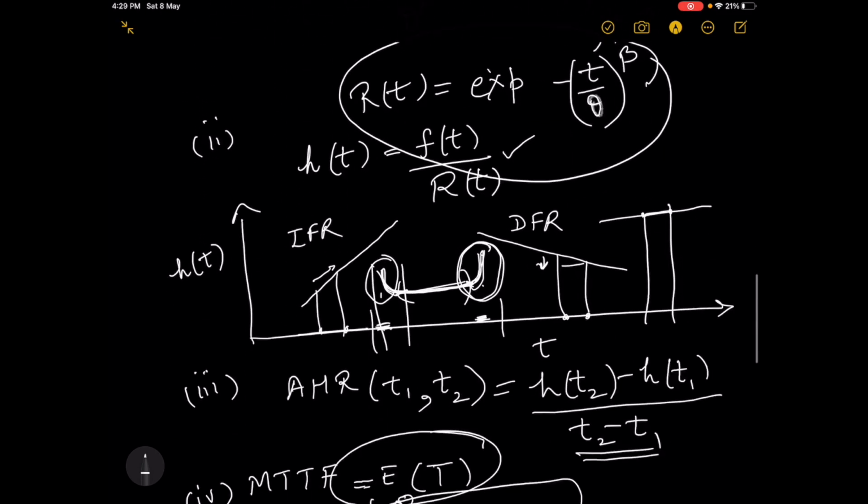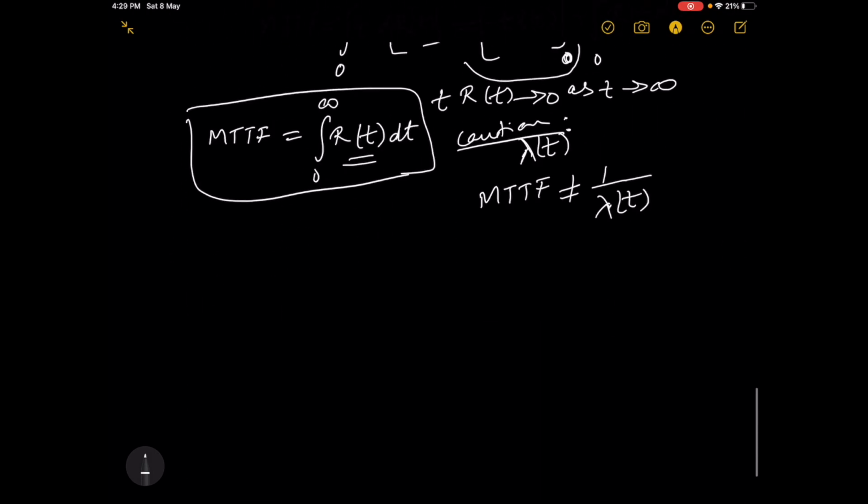So MTTF is strongly linked with the Rt, the reliability measure of the underlying failure time distribution. Rt is going to change forms as the model is changed. So, although the MTTF measure is one of the most widely used reliability calculations, we have to use it with caution, and we cannot use it always to imply this is the guaranteed minimum lifetime. It will always depend on the context.